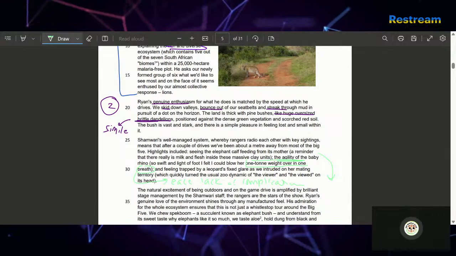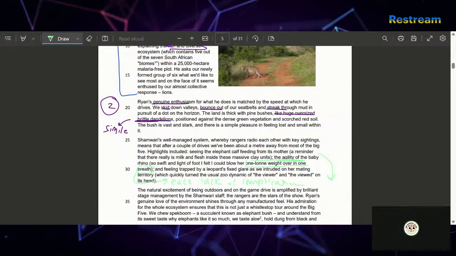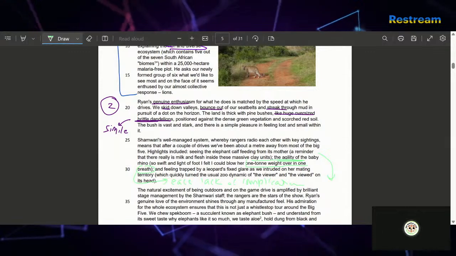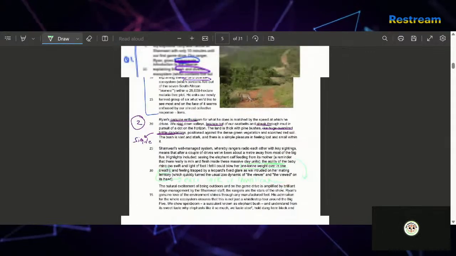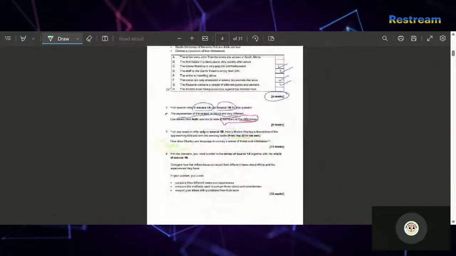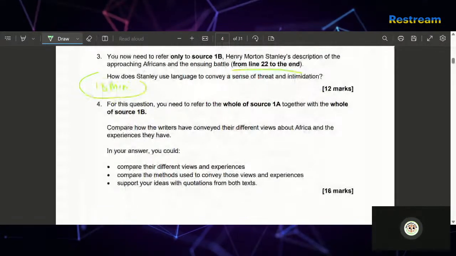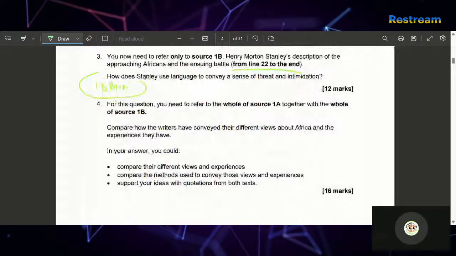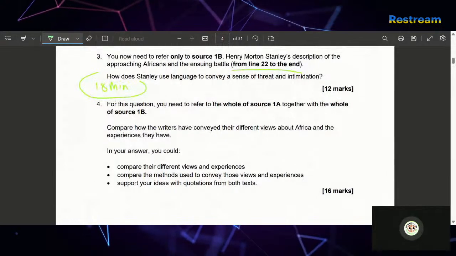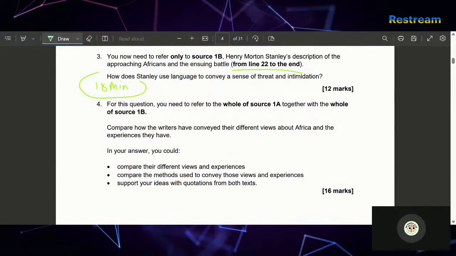Let me just talk over question 4 now. So let's look at question 4 here. So this is the 16 marker comparing sources. So in this case, it says compare how the writers have conveyed their different views about Africa and the experiences they have.